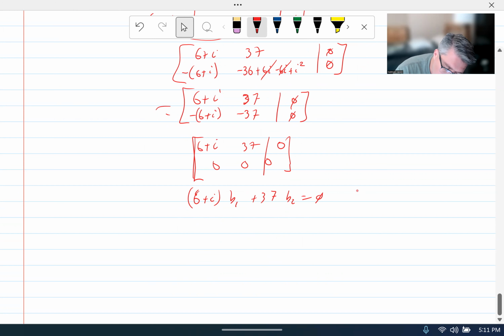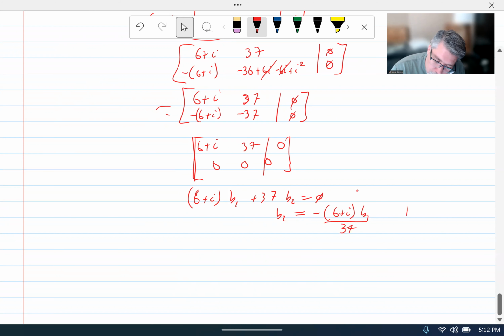So b2 is equal to negative 6 plus i, b1 over 37.